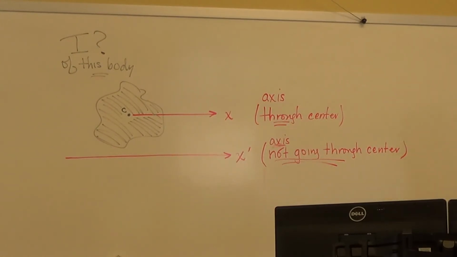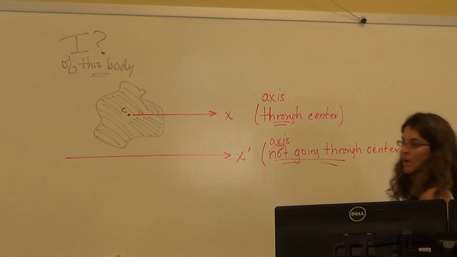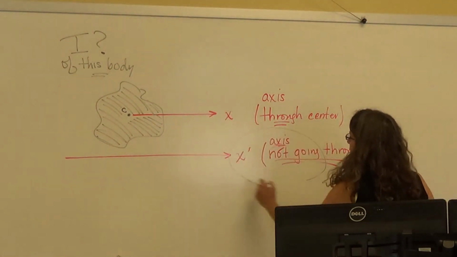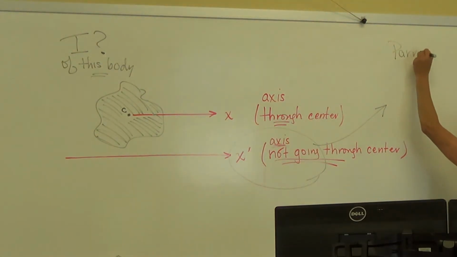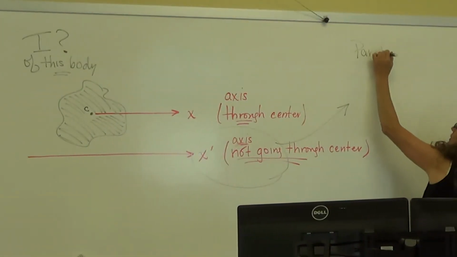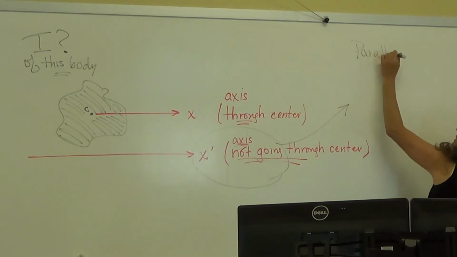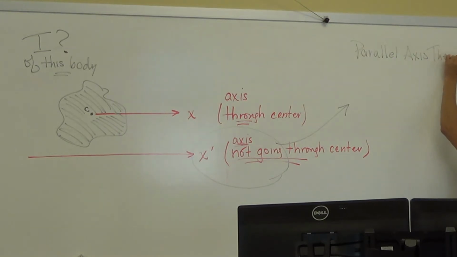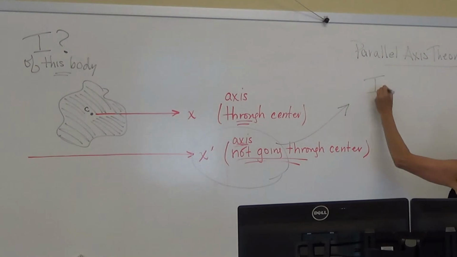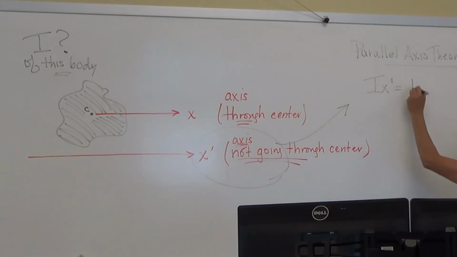Whenever you have a situation where the axis is not going through the center, you deal with the parallel axis theorem. I sub x prime is equal to I sub x plus A times y bar squared.